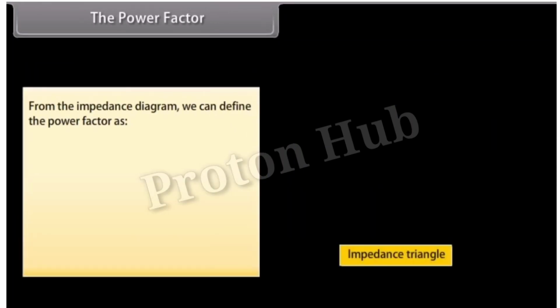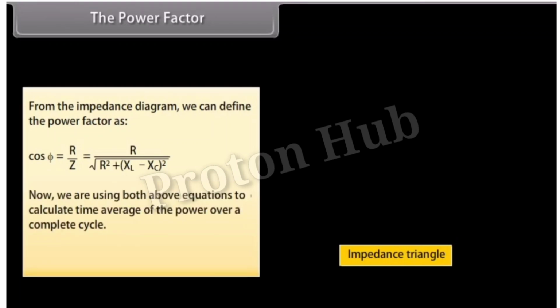From the impedance diagram, we can define the power factor as cos phi equal to R upon Z, which is equal to R upon under root R square plus (XL minus XC) square. Using both above equations to calculate the time average of the power over the complete cycle, P bar is equal to the product of Irms square and R.